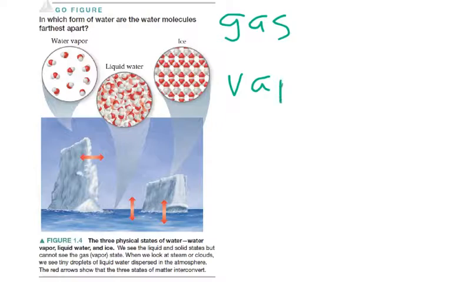We've got the terms gas and vapor. A vapor is something that is normally a solid or liquid at room temperature.